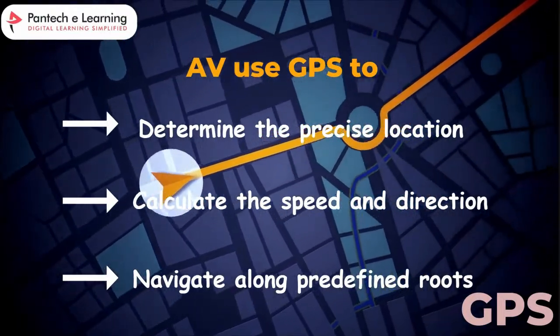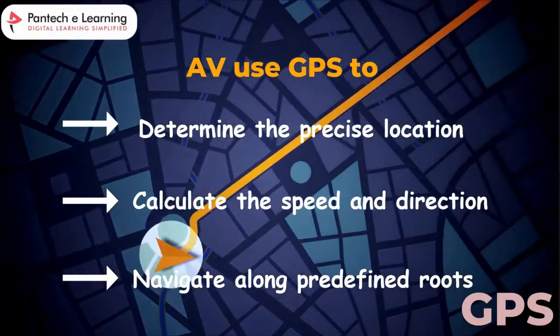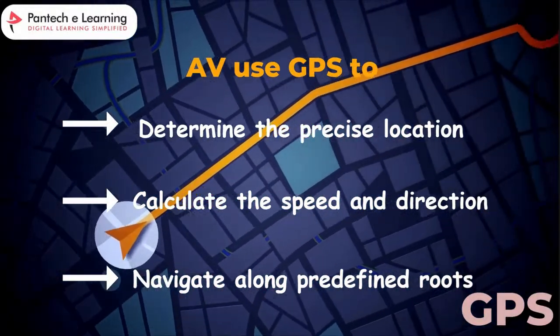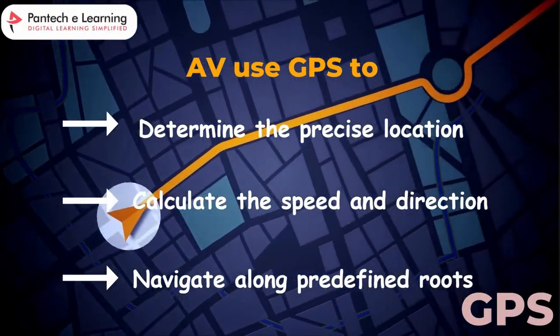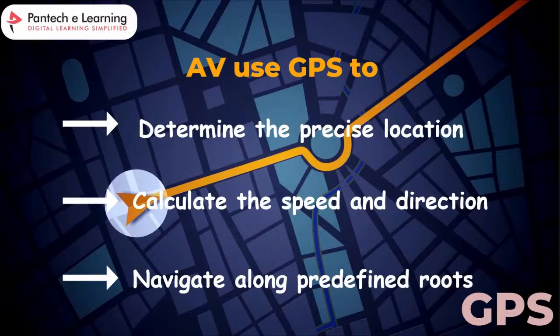Next, it calculates how fast they are going and which way they are headed, and then navigates along predefined routes. The autonomous vehicle follows the predefined routes using GPS guidance. It's like following directions on a map to reach a destination, but the AV does it automatically, using GPS coordinates to stay on course.